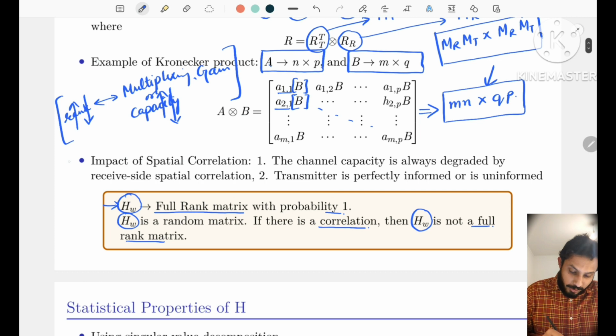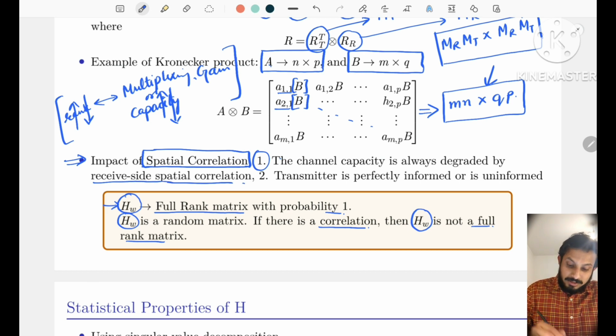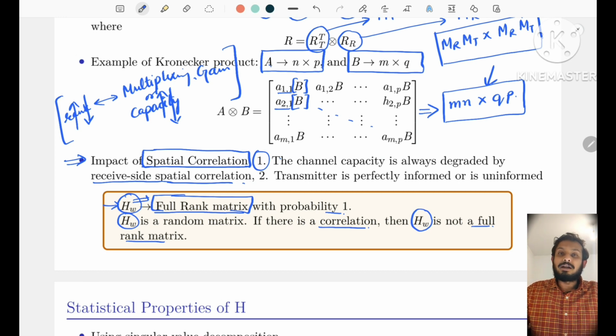So now we need to find out what is the impact of spatial correlation. First, when there is a receiver side spatial correlation, then HW will not be a full rank matrix, the rank will decrease, and so there will be a degradation in the capacity.